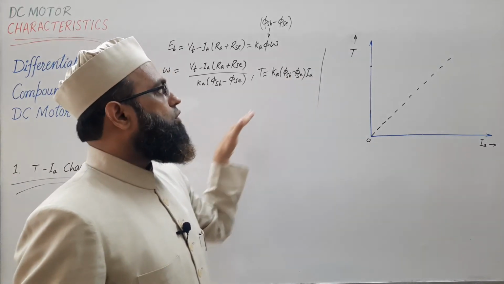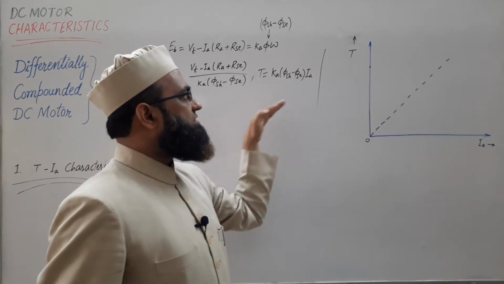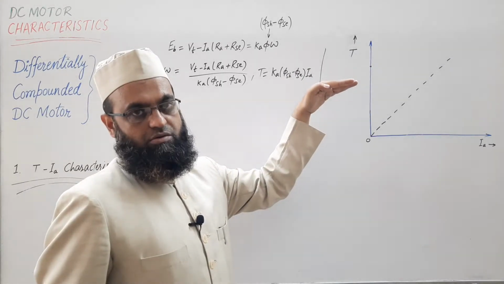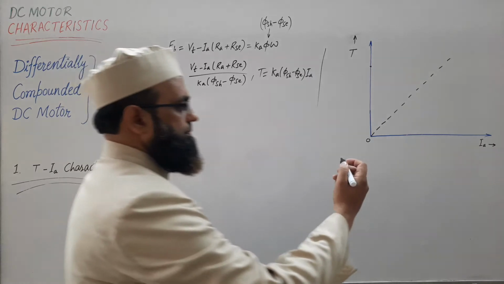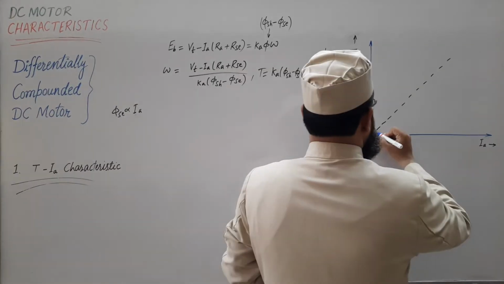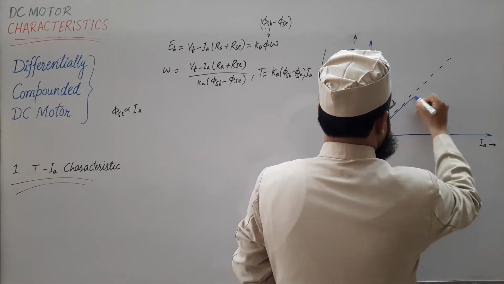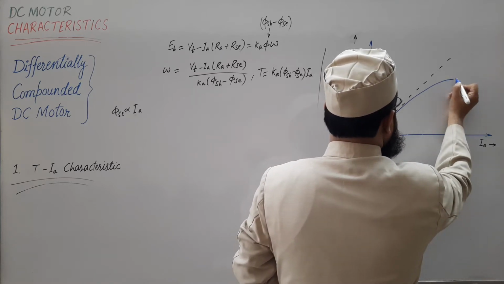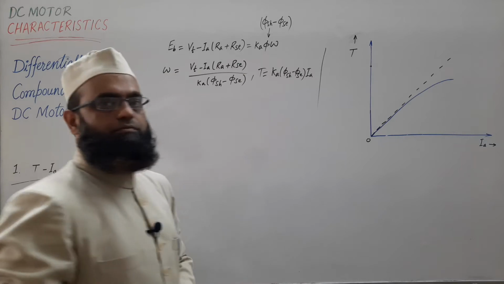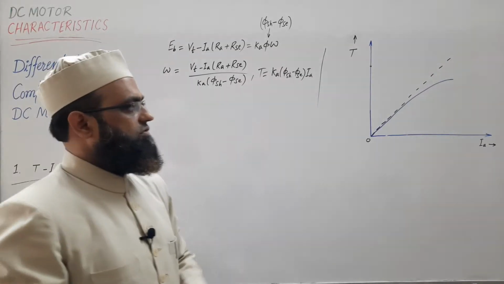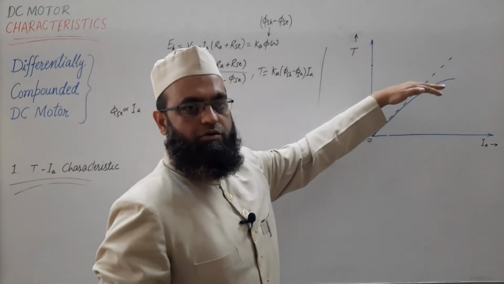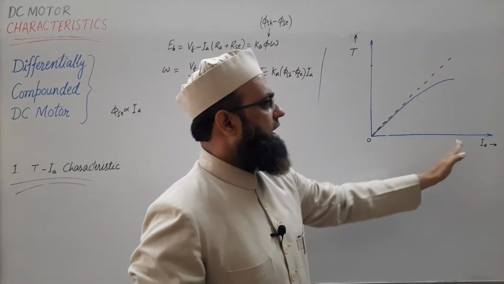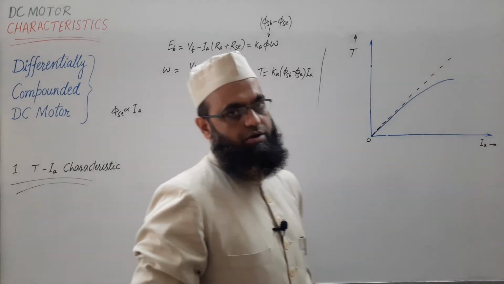So slope will no longer be constant, but slope will start decreasing. So it will be something like this. See, slope is decreasing and trying to tend at higher value of IA.